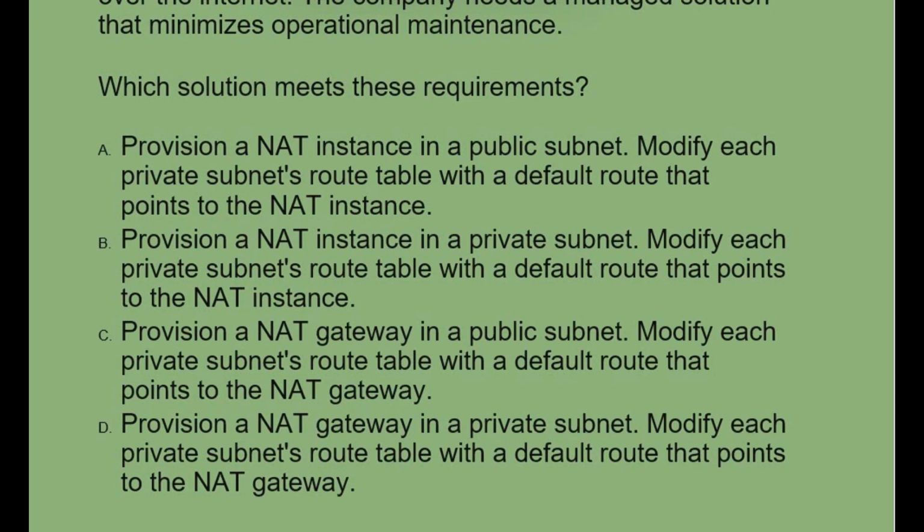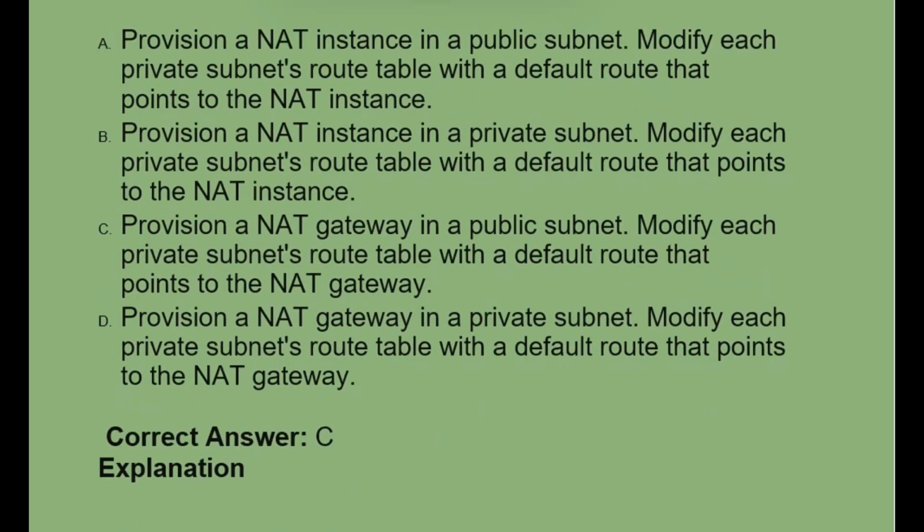Modify each private subnet's route table with a default route that points to the NAT gateway. Option D. Provision a NAT gateway in a private subnet. Modify each private subnet's route table with a default route that points to the NAT gateway. Correct answer is option C.